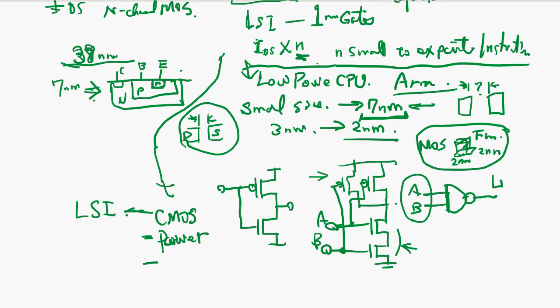If the chip consumes 3 amps, it's almost impossible because it's going to heat up, right? It has to be less than 1 amp, and the process makes it possible to make small geometry.